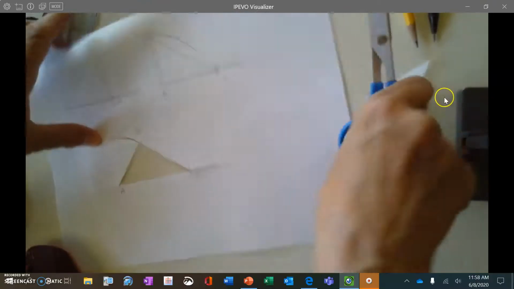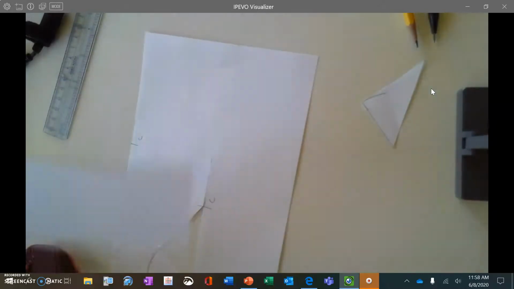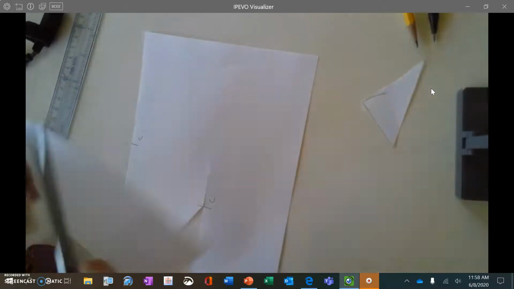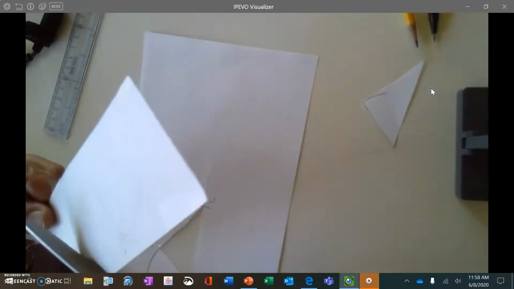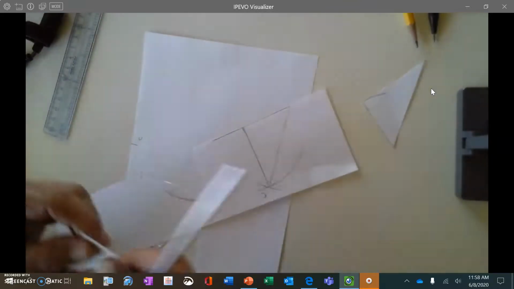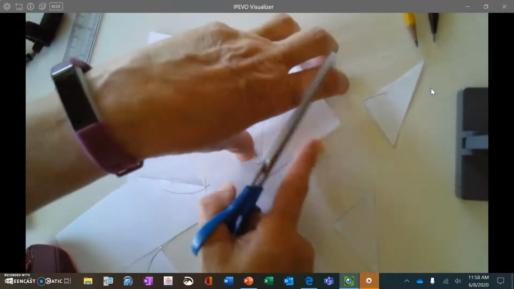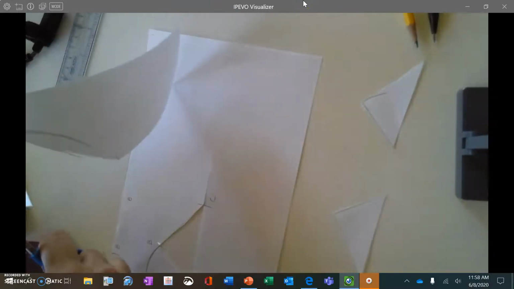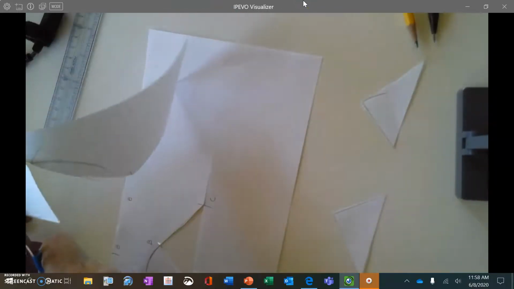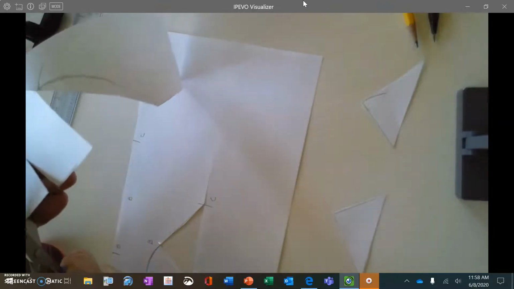Here's one. Here is my second one, and here is my third one. So I did these on my own because I don't have 2 other friends here with me.